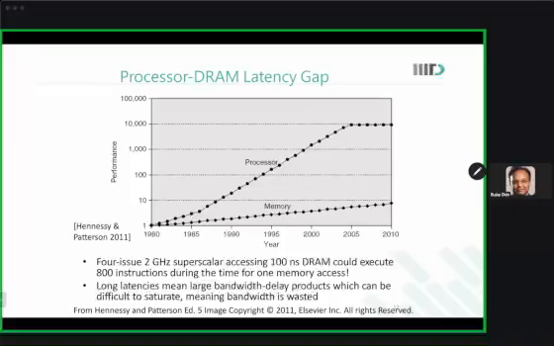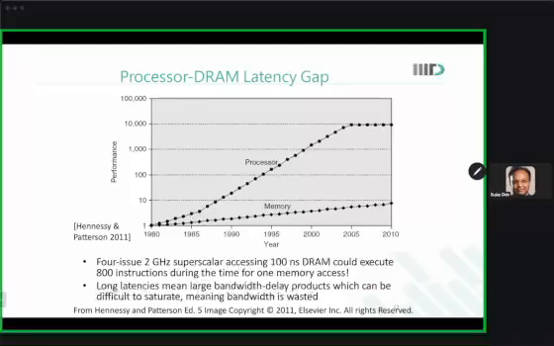If your data is in DRAM, the processor will wait the amount of time by which it could have executed 800 instructions. So though you have a very high performance processor, because the memory is not giving you the data you need, you will not be able to achieve the performance. So we have to somehow address this issue.